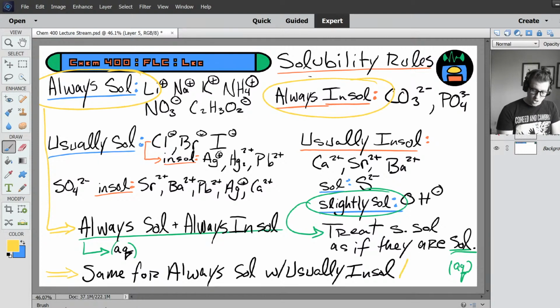The always soluble will always be soluble, and they trump the usual insolubility and the always insolubility of the other groups. Whenever I'm doing these problems, I always look for my always soluble anions and cations because those are quick answers. Those problems resolve themselves the fastest.